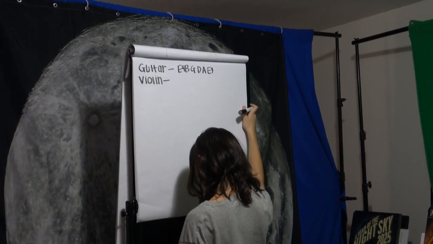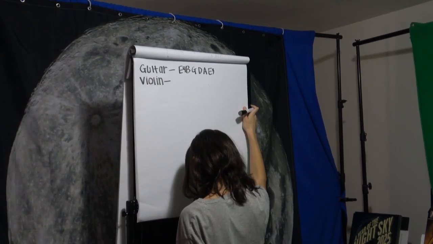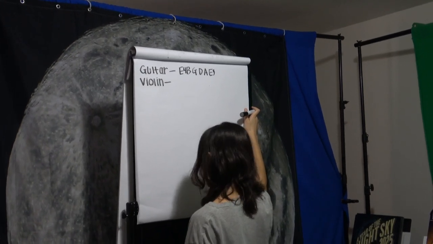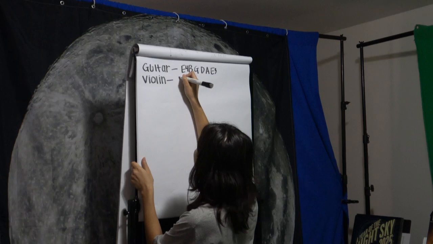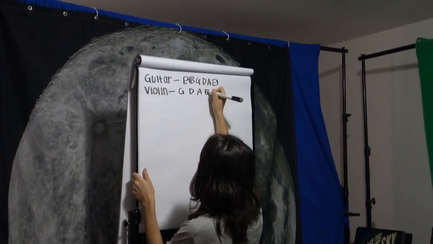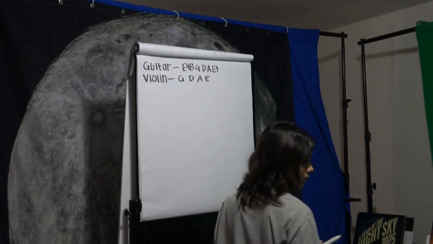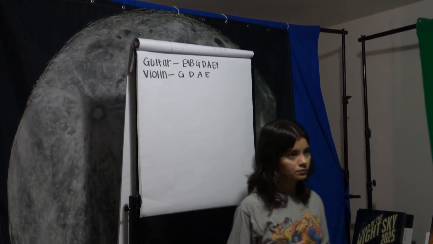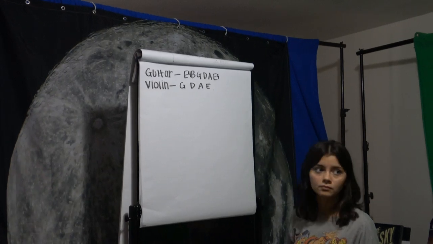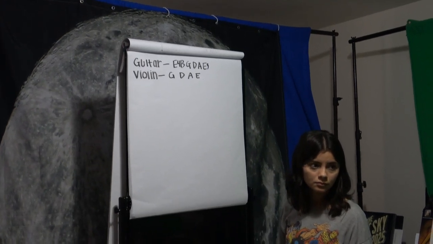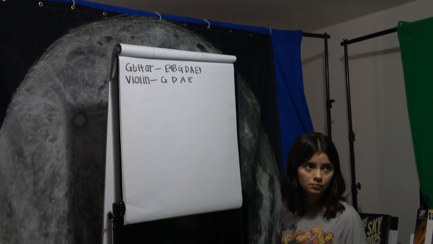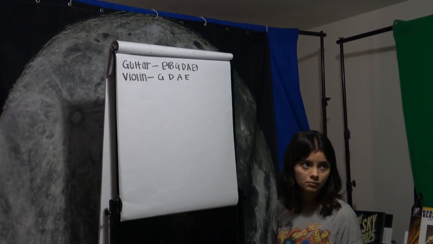So here, again, we have G is a low string, G, D, A, E. Okay, again, the circle of fifths. Remember the bead, B-E-A-D, backwards. And this G, this is E5.